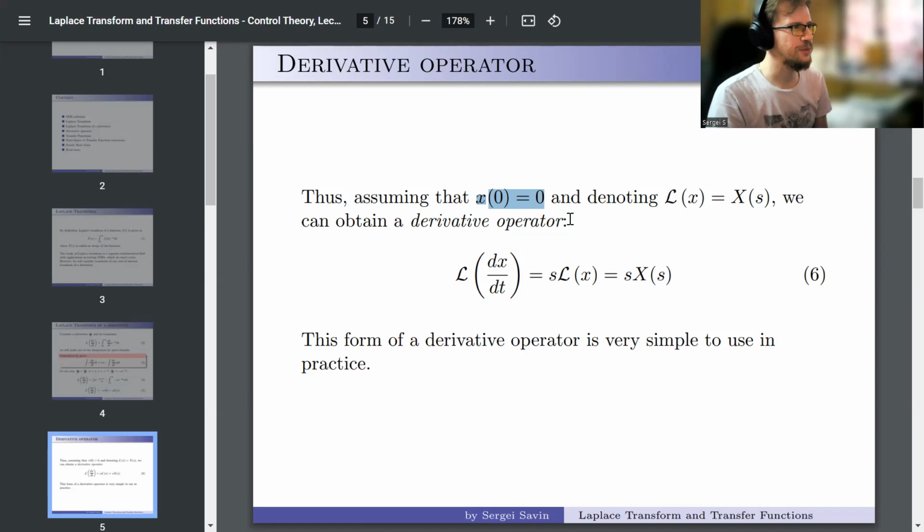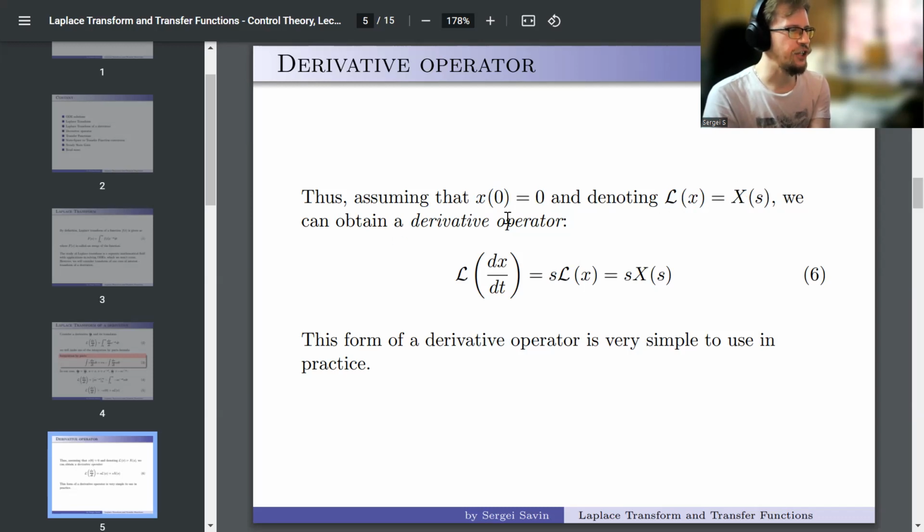In control, we use this assumption: x of 0 is 0. Then we can denote the Laplace transform of x as big X of s. This is just a definition.